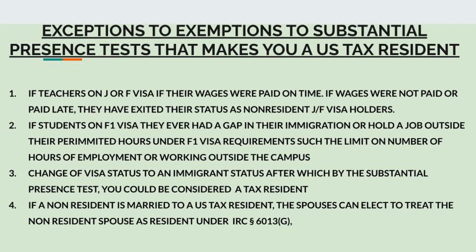So essentially what happens is that the spouse who is a tax resident under this IRC section can elect to file married filing jointly with their non-resident spouse and take advantage of some of the perks that come along with filing as a resident.